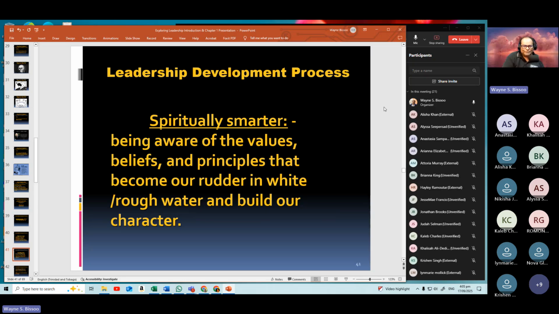So the next one is spiritually smarter. And this has nothing to do with your religion or your faith structure. This actually has to do with understanding your values. You need to be aware of what your core values, or your core beliefs, are, because when things go wrong, those are the values that are going to be most present in your behavior.